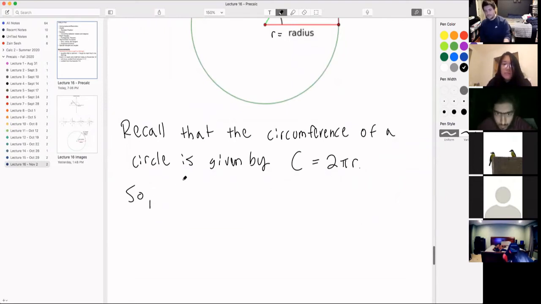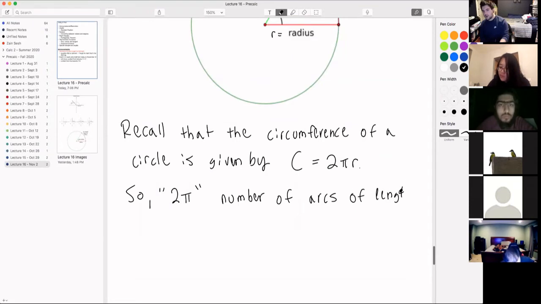So 2 pi number of arcs of length r will fit around the circle.